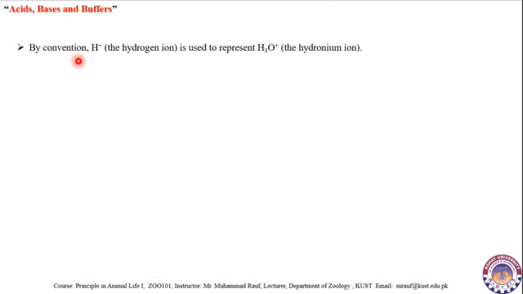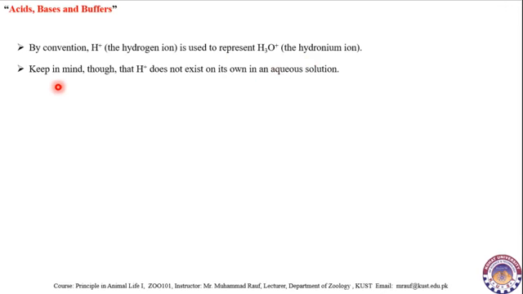By convention, H+, the hydrogen ion, is used to represent the hydronium ion. Keep in mind though that H+ does not exist on its own in an aqueous solution, which means this type of ion is not there in aqueous solution. It must be in interaction with some other molecule.